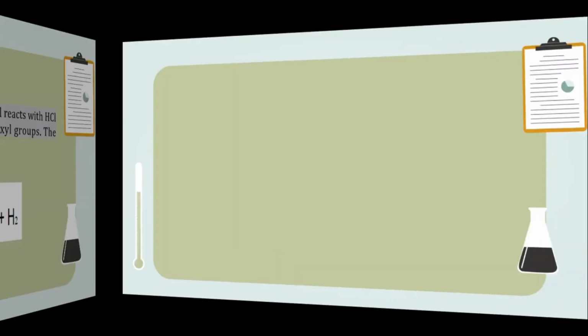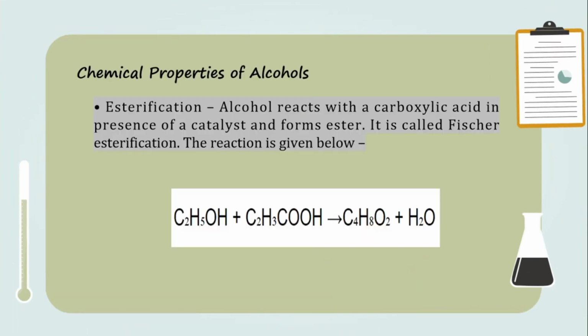Next we have esterification. In esterification, alcohol reacts with a carboxylic acid in the presence of a catalyst and forms an ester. It is called Fischer esterification. So remember, it is called Fischer esterification, and this is the reaction for esterification of alcohol.